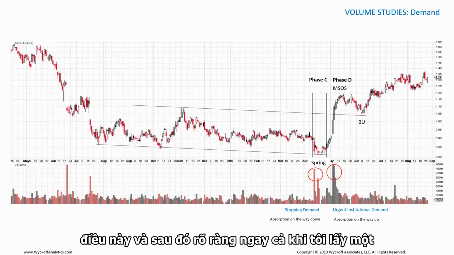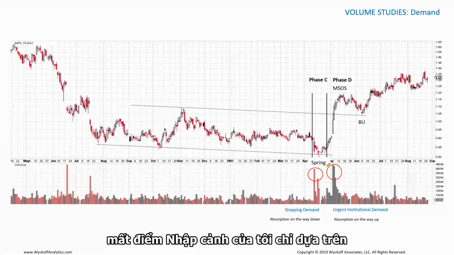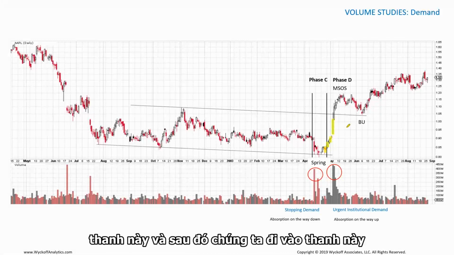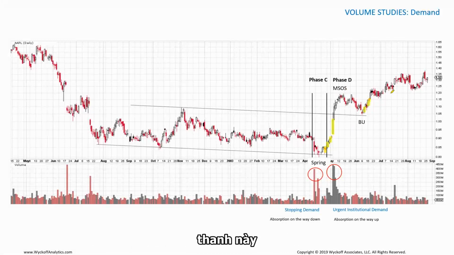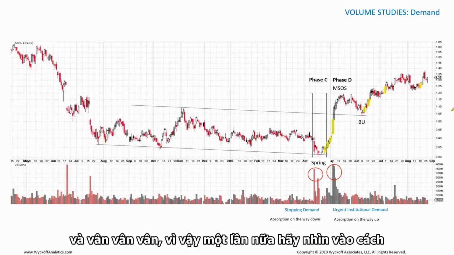And then obviously, even if I take a loss, my points of entry, just based on what we just went through, are going to be here, here, here, this bar, and then we go into this bar, this bar, this bar, this bar, and so on and so forth.